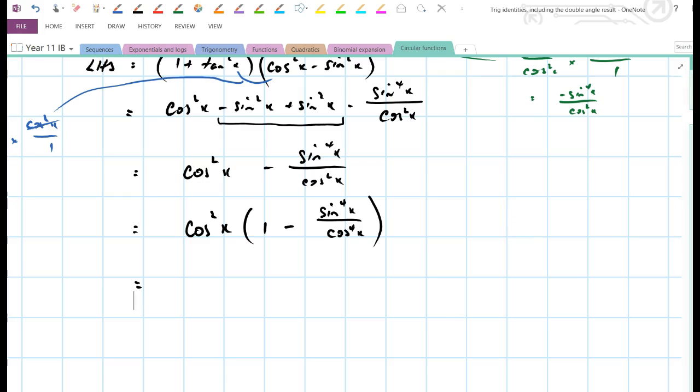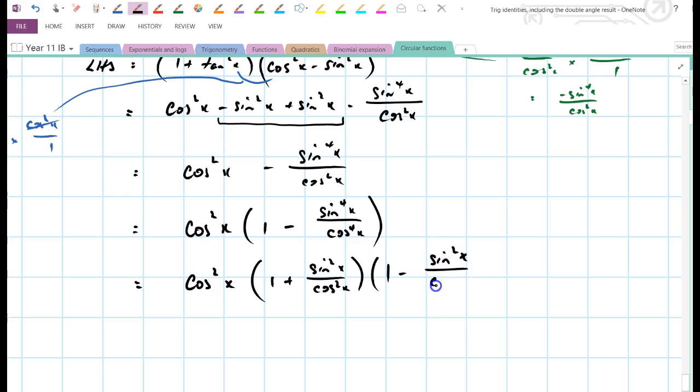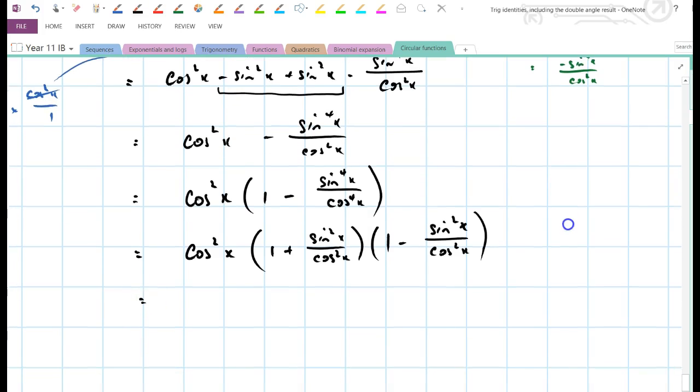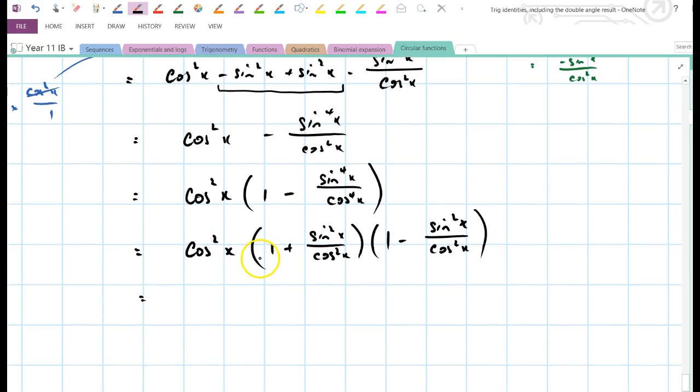Okay, I now see this as a difference of two squares in the brackets here. So that's (1 plus sine squared x over cos squared x) and (1 minus sine squared x over cos squared x). What we can do now is expand this bracket to get cos squared x.